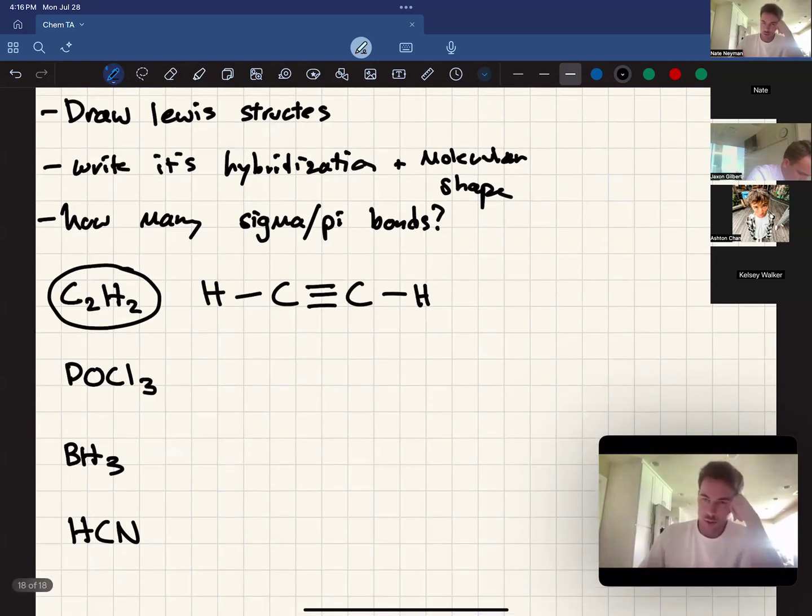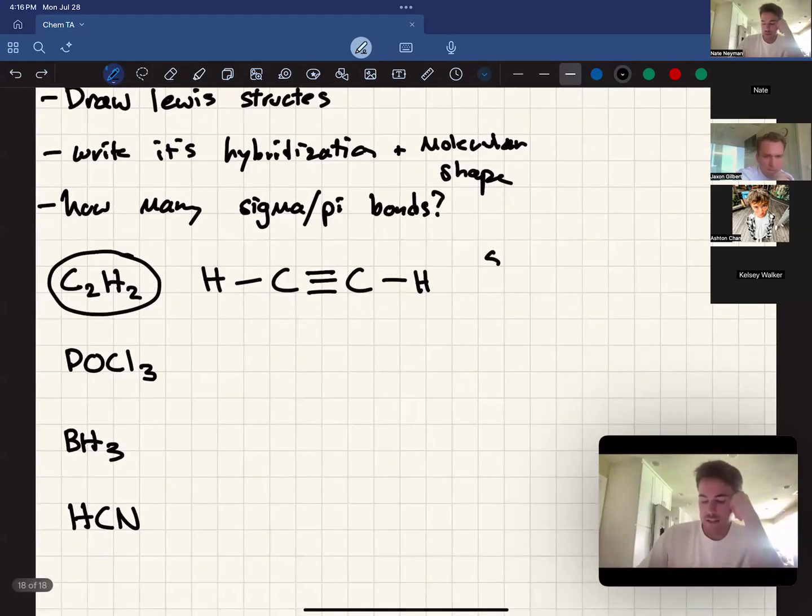If you want me to explain how to get that more, let me know. Now, hybridization. There's not a central atom, but these two carbons have the same hybridization. The hybridization of the carbon is sp. And its molecular shape is going to be linear, because anything that's sp is going to be linear. So this is just in a flat linear shape like this.